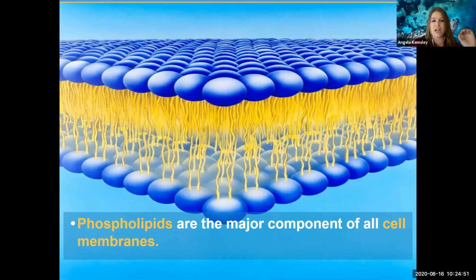We're going to talk about the importance of cell membranes quite a bit in future lectures, but it's what protects the cell from the outside environment. We're going to have what we call selectively permeable membranes that only let some things through. That's what's going to protect cells, this cell membrane. And cell membranes are made up mostly of phospholipids.